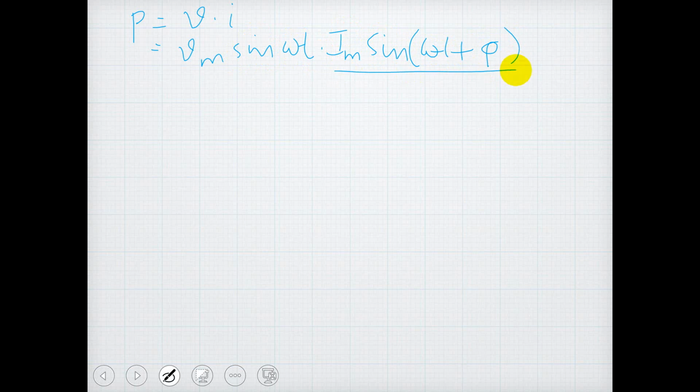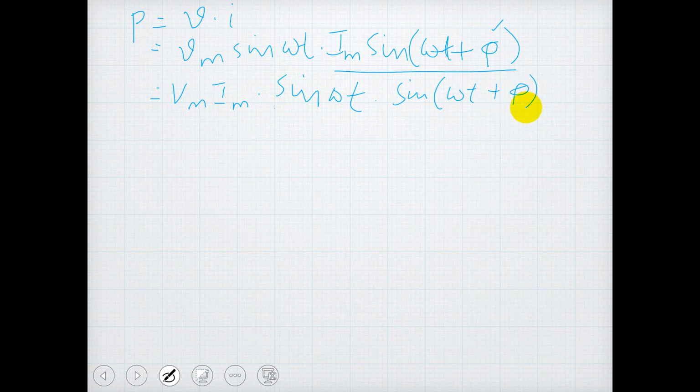Capacitive, this current is always leading the voltage by an angle phi. So when you multiply these two, Vm Im you can take as common, into sine omega t into sine of omega t plus phi.